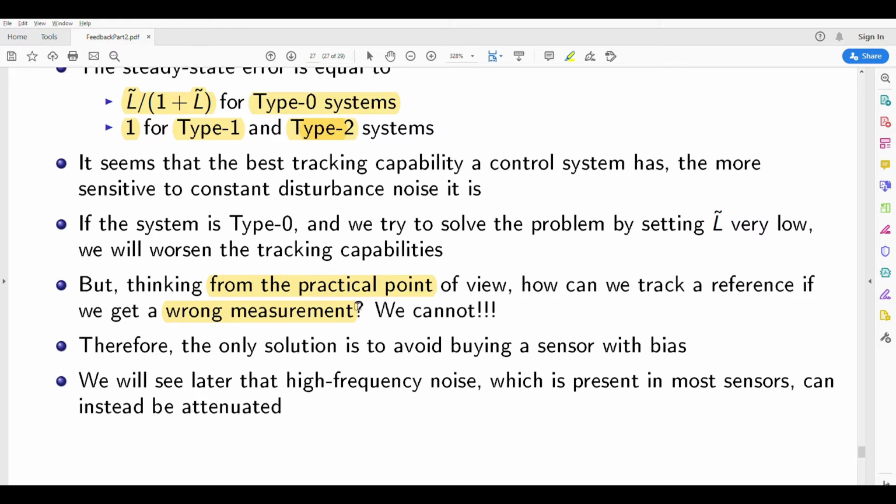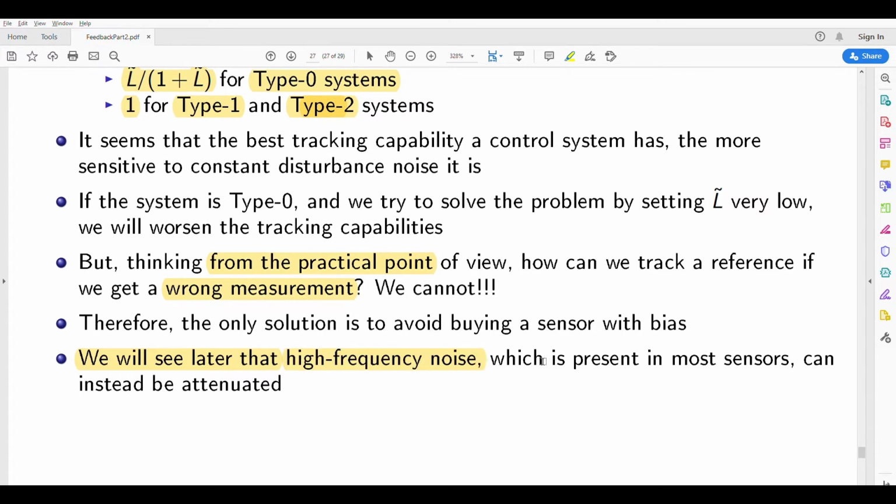However, this kind of problem with the sensors where they have bias can't be dealt with properly with the control system. In such cases it would be better to replace the sensor and use, let's say, a correctly working one. However, as we will see later, our control system can deal with high frequency noise, which is most of the time present.